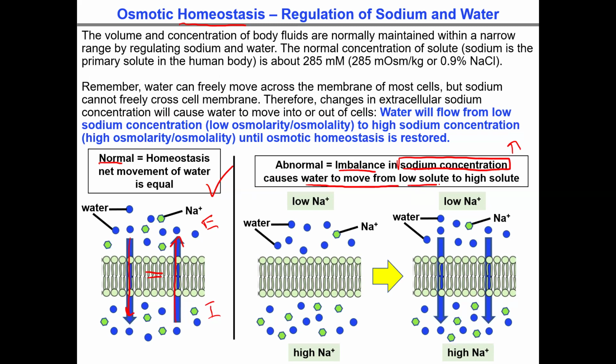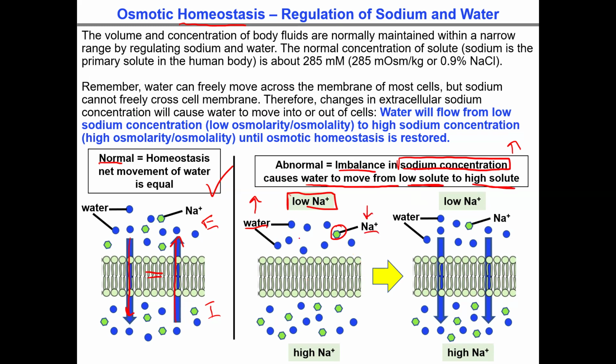again, from the area of low, so where there's less sodium, to an area of high, where there's going to be more sodium. So looking at this over here, you can see we have our low sodium here, represented by these green dots. And then we have our water. So you can see that we have a much higher concentration of water here, and we have a much lower concentration of sodium here.